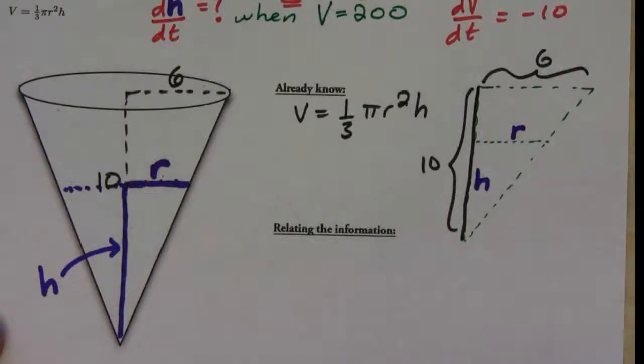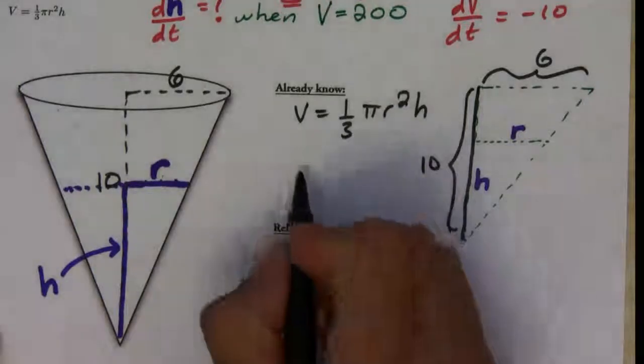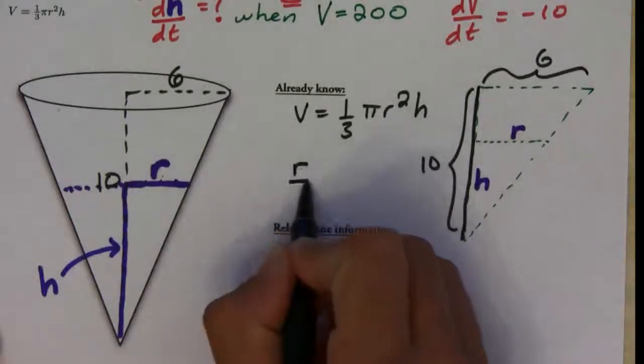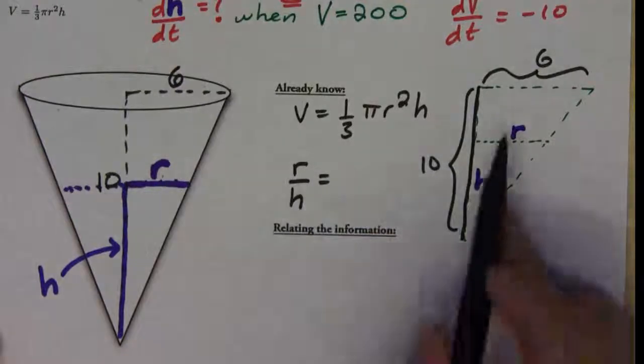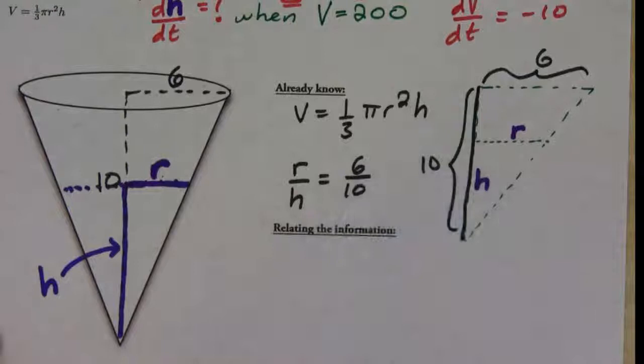Okay, so since I can do that, let's set up a proportion. Using the similar triangles, we can say that r over h is equal to 6 over 10.